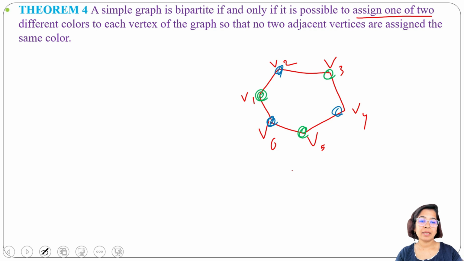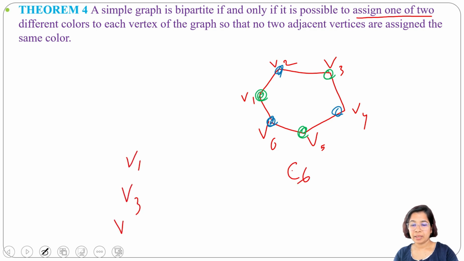V2's adjacent vertices are green. Then V4's adjacent vertices are green. Like V5's adjacent vertices are blue. So no two adjacent vertices are the same color. Then this is bipartite. Suppose we create a bipartition of C6 like V1, V3, V5 and V2, V4, V6.